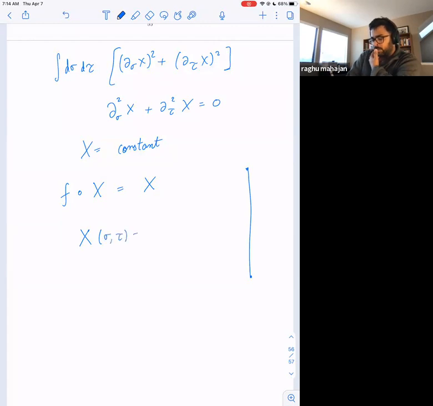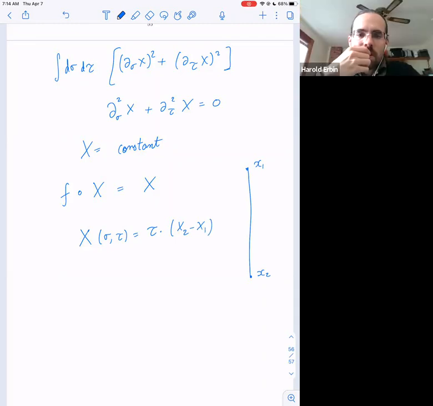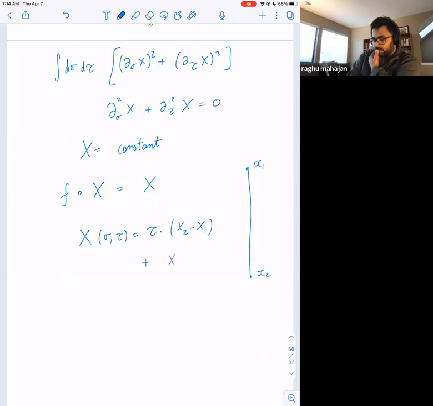It doesn't depend on sigma, but on tau there is a dependence like tau times little x2 minus x1, plus x1. So at tau equal to 0, it's x1, and at tau equals 1, it's x2. Maybe your paper was not presented in this way, but one can present it like this.